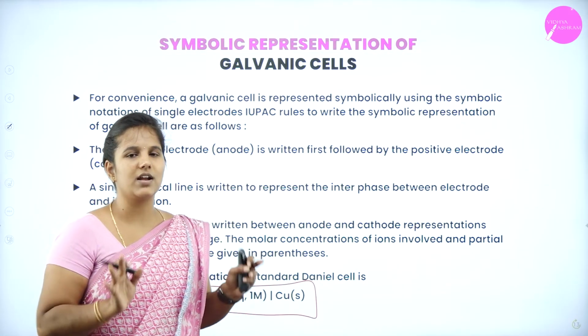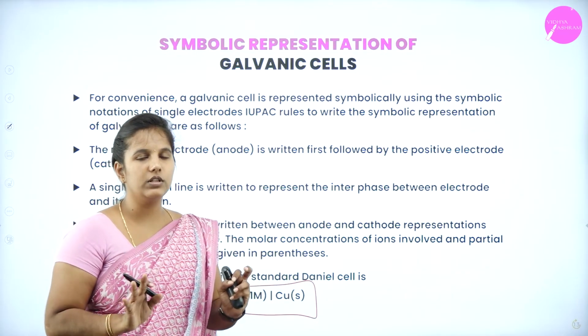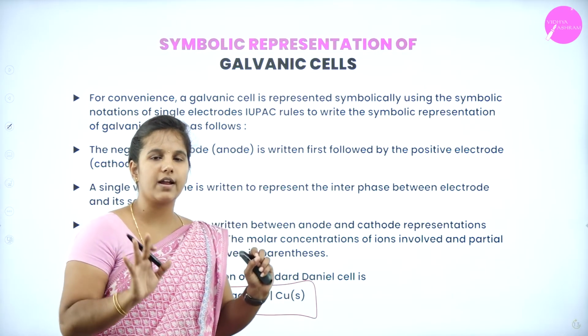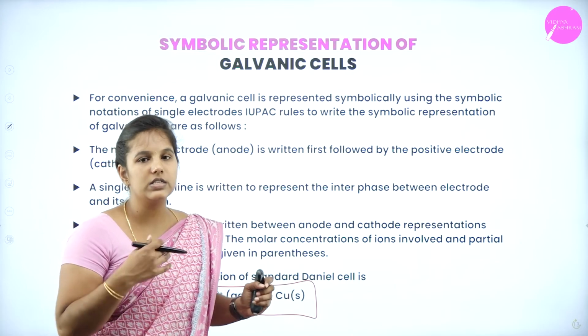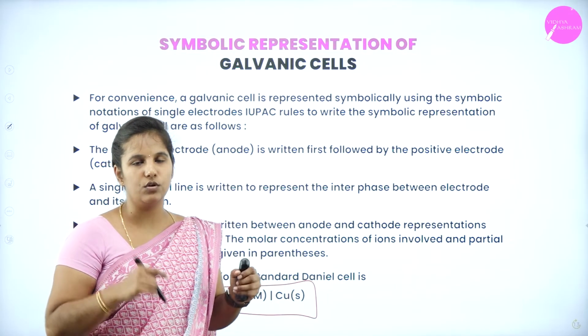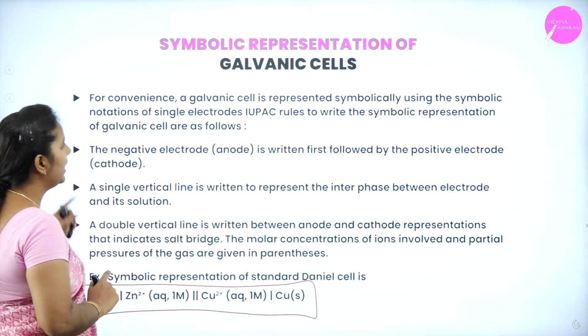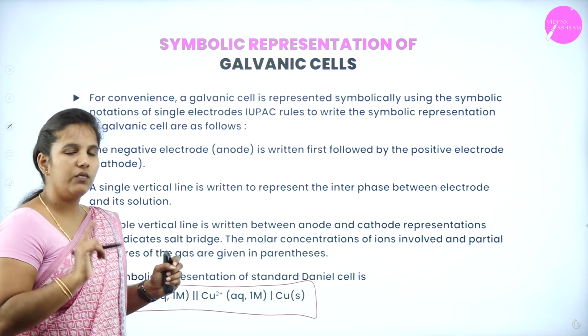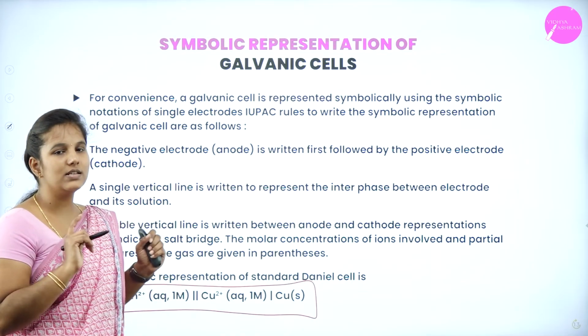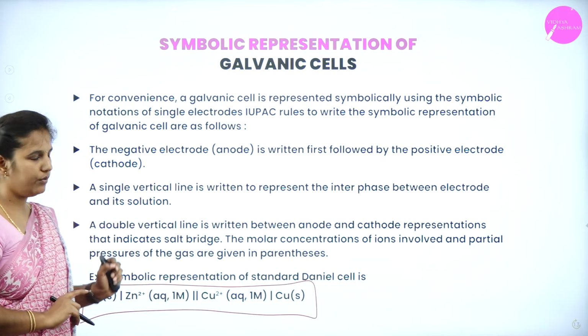After the entire reaction has happened, we have to represent it symbolically. Instead of writing in words, symbolizing makes it easier to understand. That is why the IUPAC system has a certain rule to place these elements. So let's see how to do it.